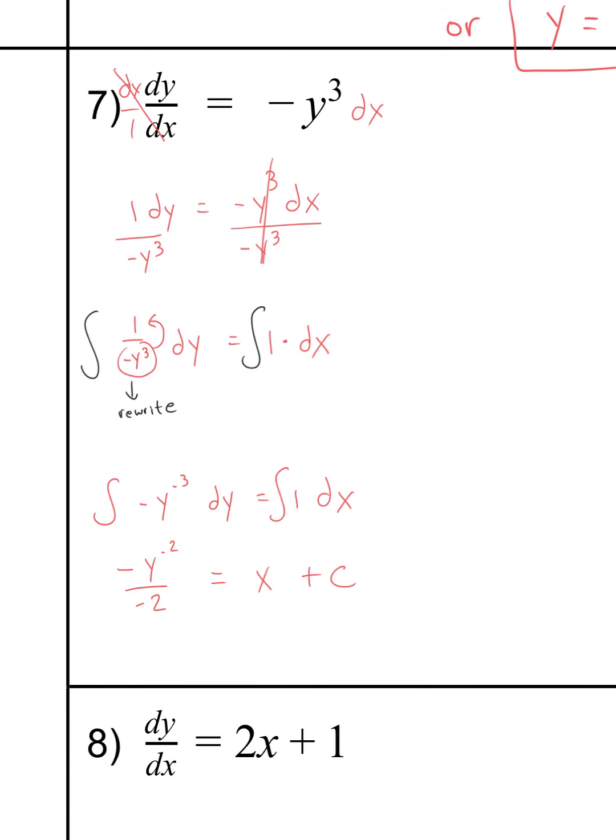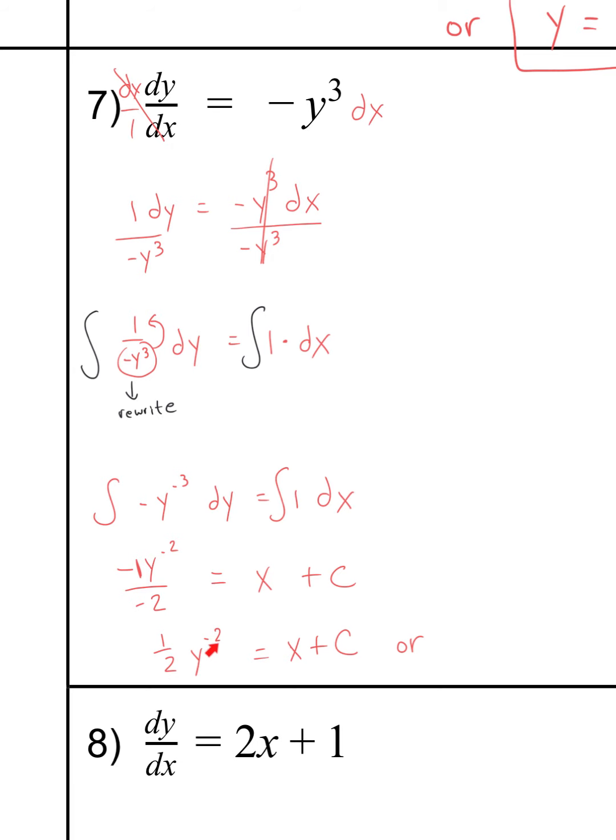All right, and now I can rewrite this. Here, a negative and a negative becomes a positive. There's still a 1 out front here, so I can rewrite this as 1/2 y to the negative 2 is equal to x plus c. And then, if I wanted to, I could rewrite this.